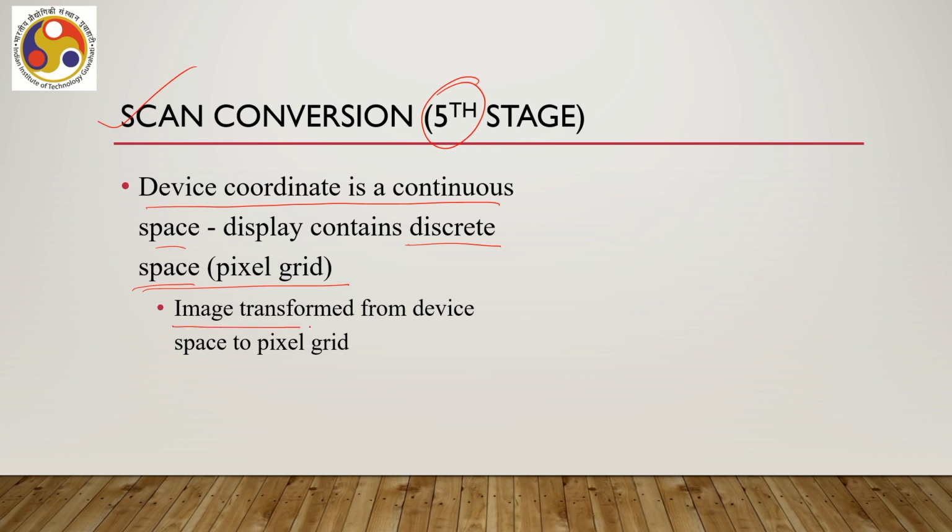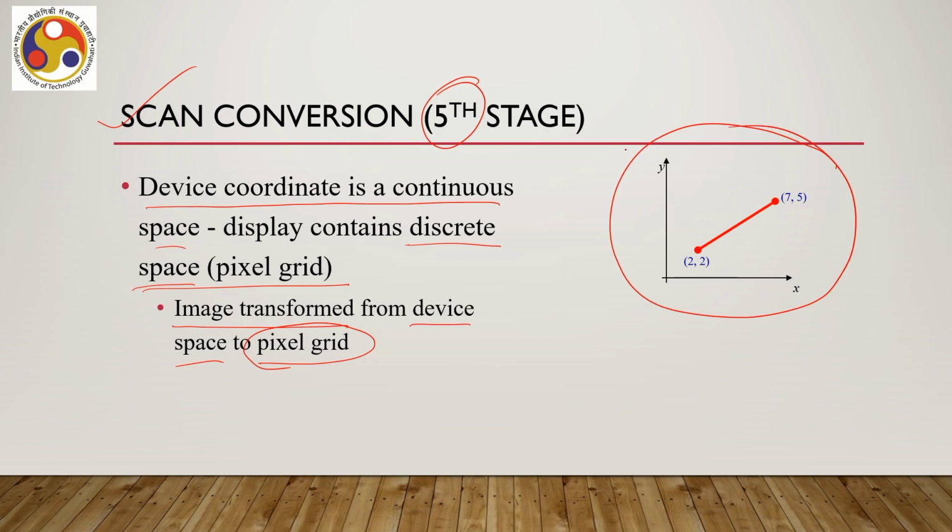So, image is transformed here from the device space to the pixel grid. So, suppose this is the device space description of the image, that is a straight line as you can see. Now, intermediate points can take any real number in this device space because there is no restriction on the kind of values that the points can take.